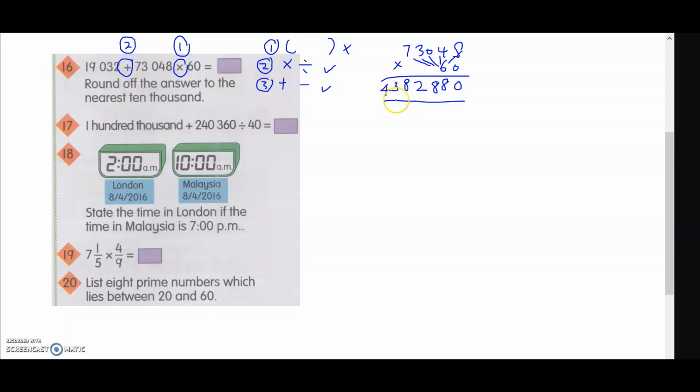And then there's a 0 behind, so this is 4 million. That is 4,382,880. Then only you plus.